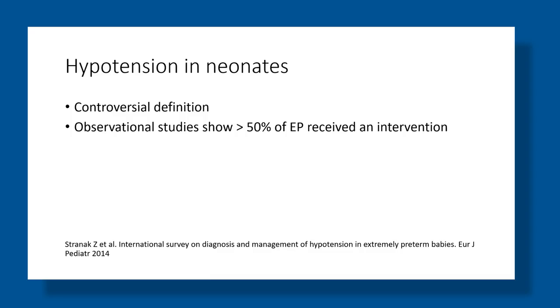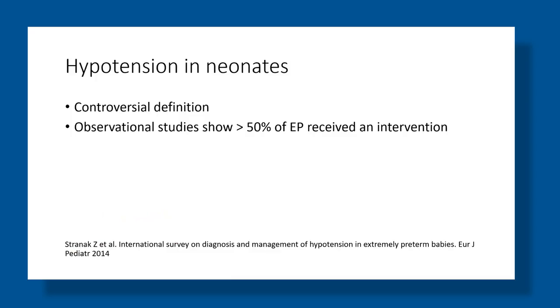So, hypotension in neonates, generally we have been taught that the normal mean blood pressure in newborns is equal to the corrected gestation, or the appropriate gestation in a term baby at that particular time.